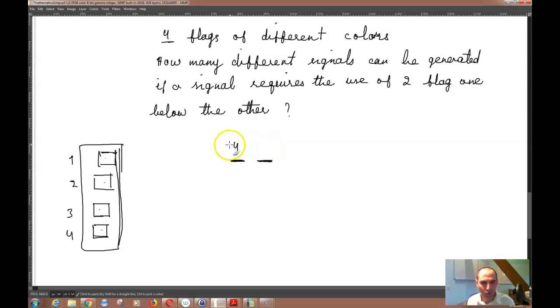And if the repetition is not allowed, of course, I don't really know if repetition is or is not allowed. But if repetition is not allowed, then you would have three ways of filling this placeholder.